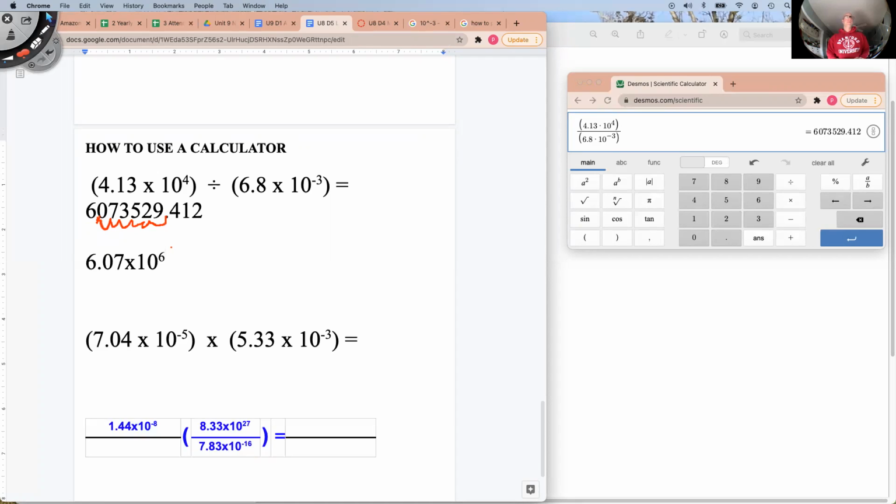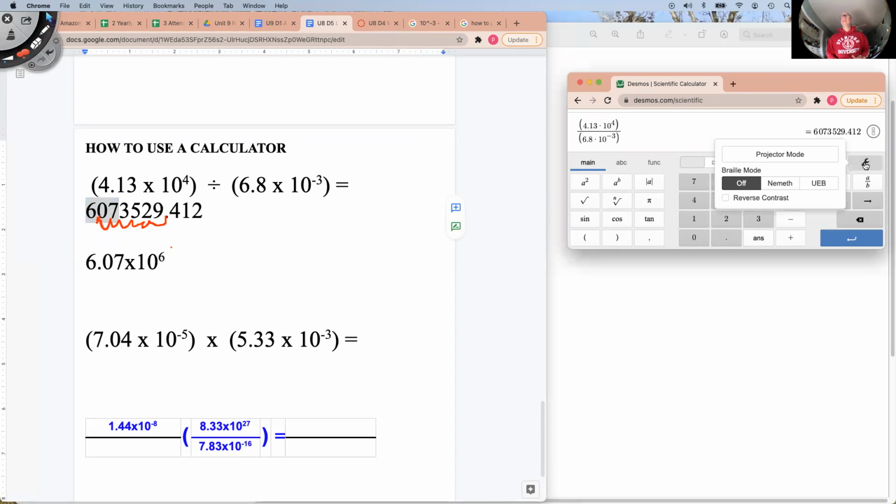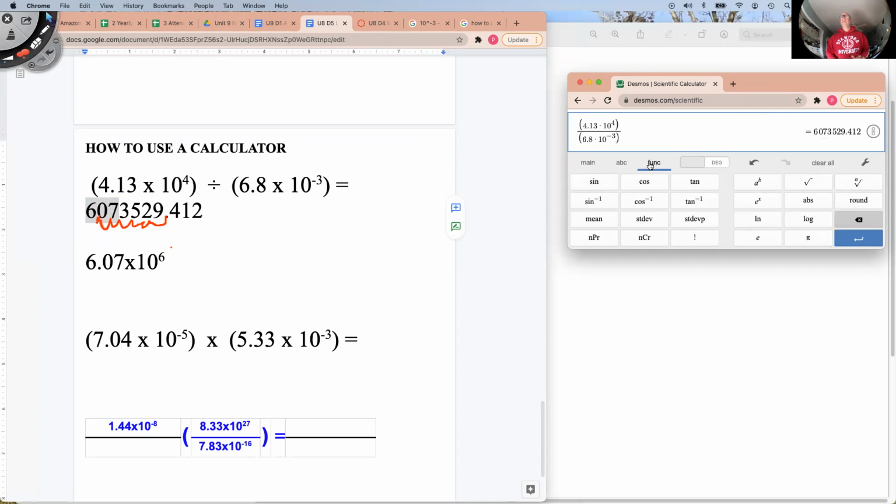That is our answer, all right? Again, we only want to keep 2 numbers after the decimal place in my class. So you have to take this yourself and put it in scientific notation. I'm betting that there is a function, what if I go to settings, and I can change it into scientific notation. All right, so let's see, function.